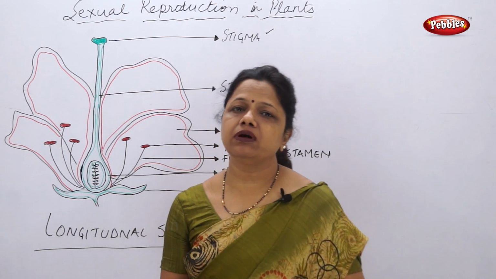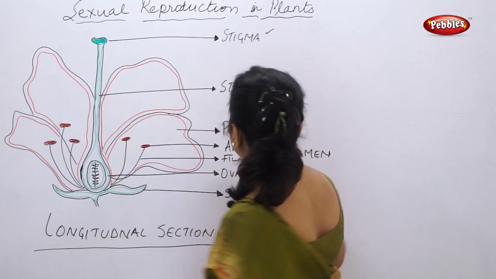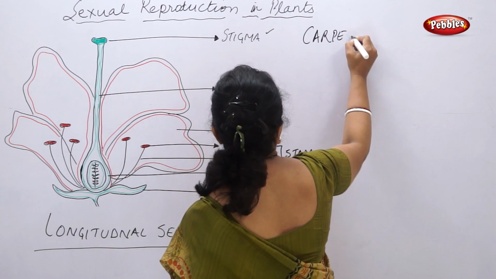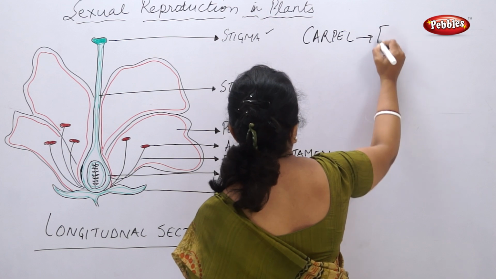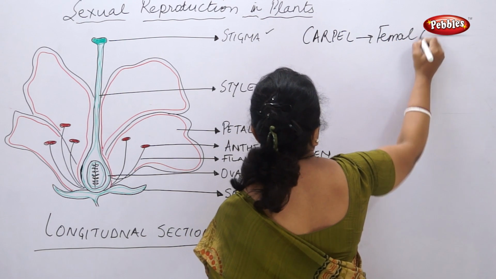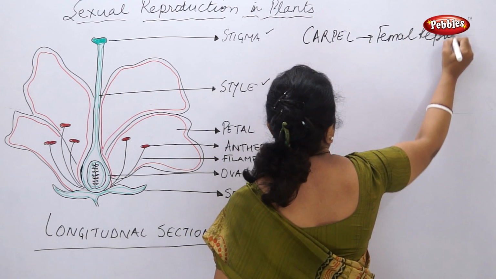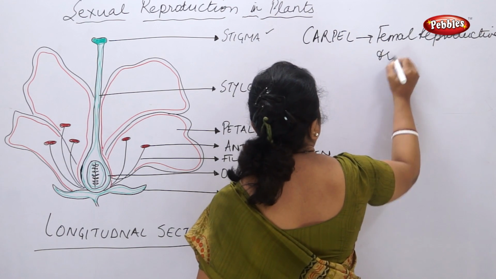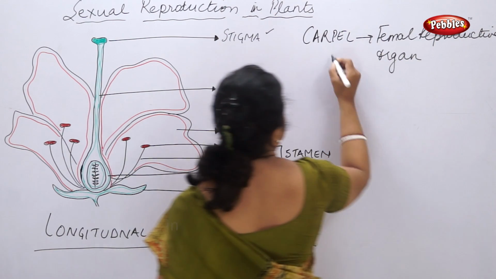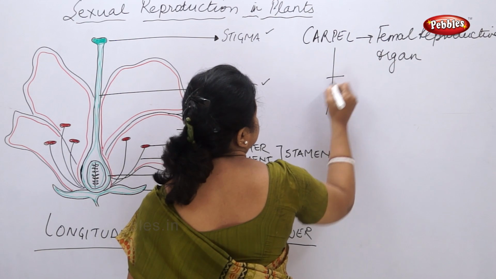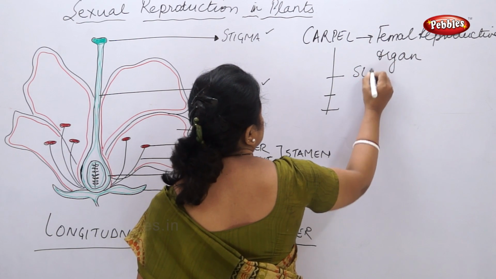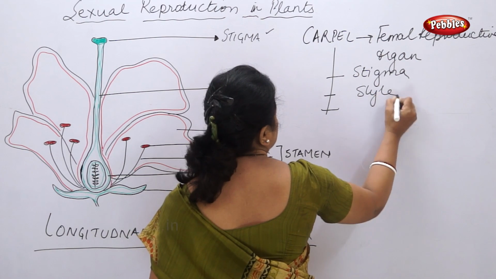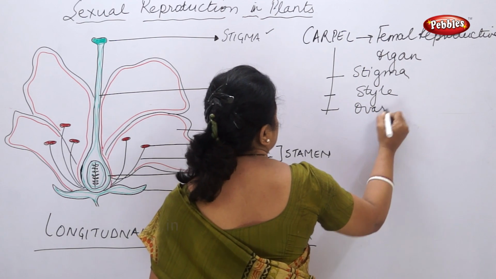flower which are involved in sexual reproduction. I can say carpel, which is the female reproductive organ, has three parts: stigma, style and ovary.